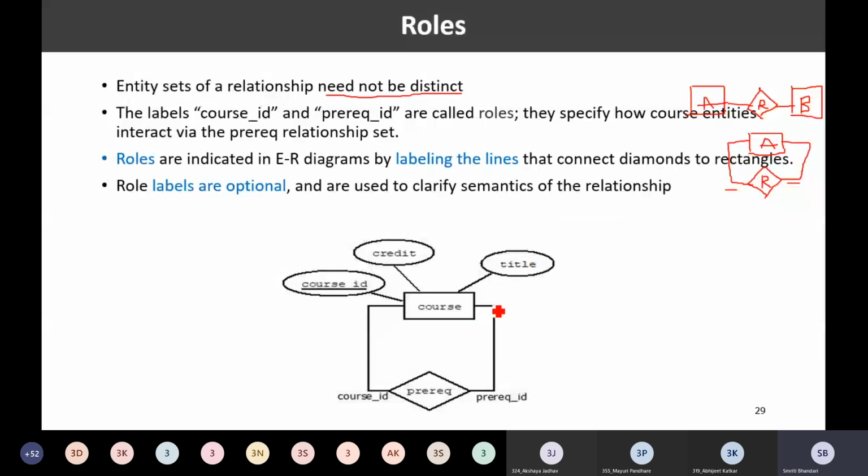In our university database, let us assume that we have course as the entity set. Now you might have seen your syllabus or curriculum. Many times you must have observed that for a particular course, another course is mentioned as the prerequisite. Say for example, right now we are learning database engineering.